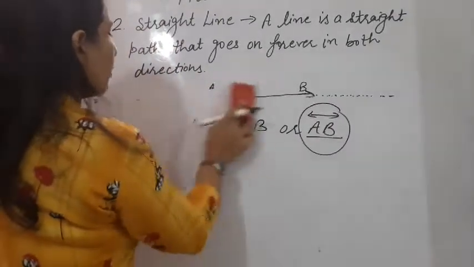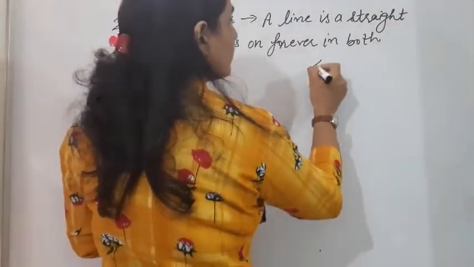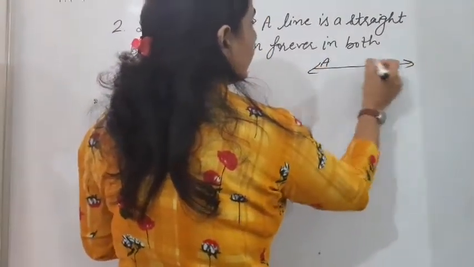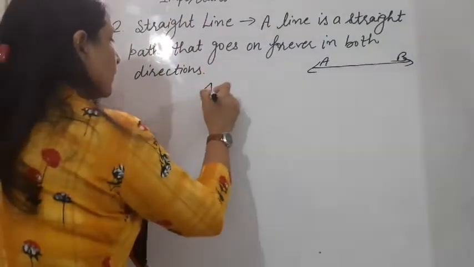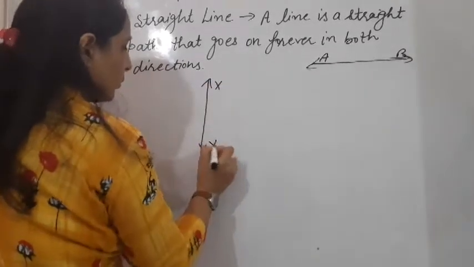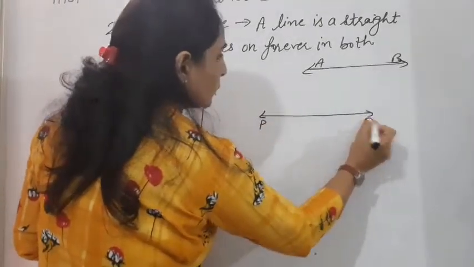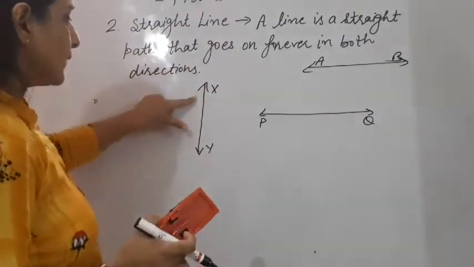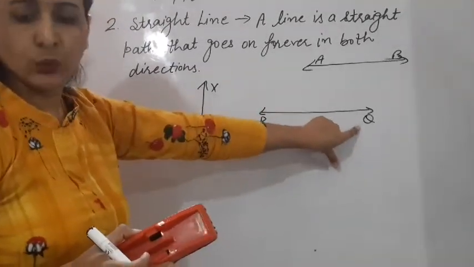Now regarding it, I am writing here A and B. Here this one X and Y, and P and Q. Here this line is XY and this is PQ.